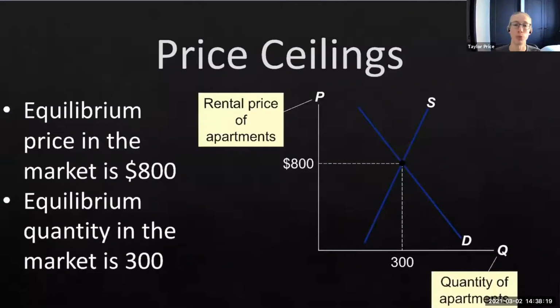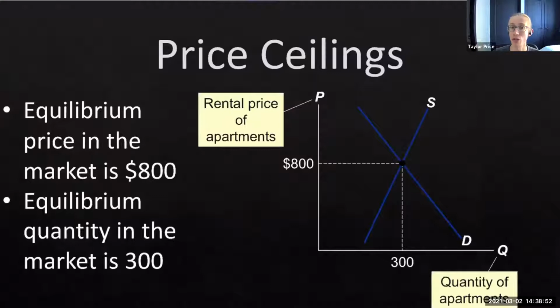I'm going to walk through a couple examples of price ceilings. In this first example, we have a rental market for apartments, where we have the price of an apartment on this axis and the quantity of apartments down here. In this market, the initial equilibrium price is $800 and the initial equilibrium quantity is 300.